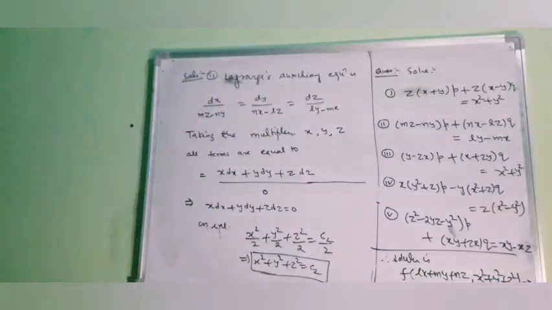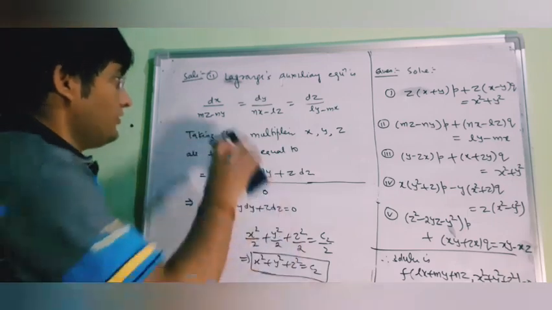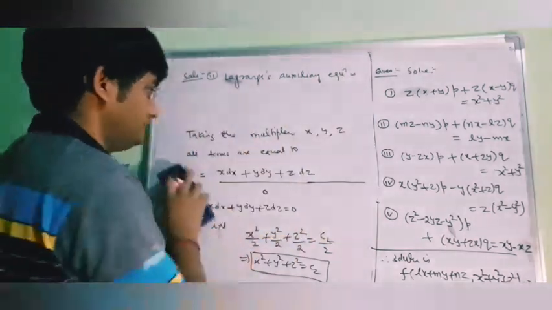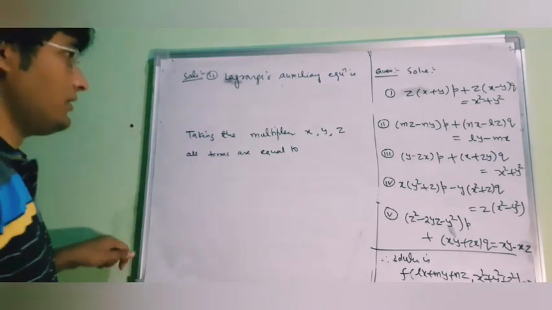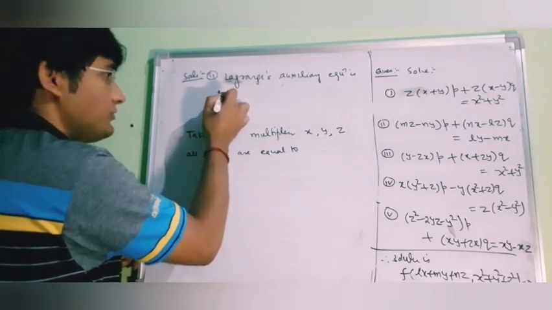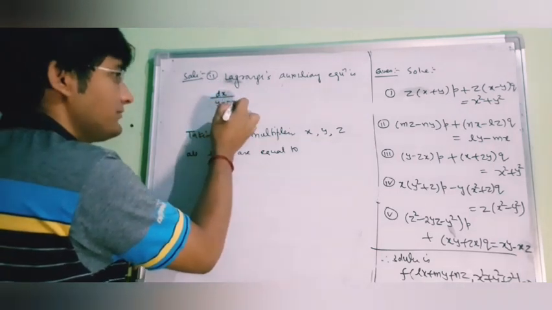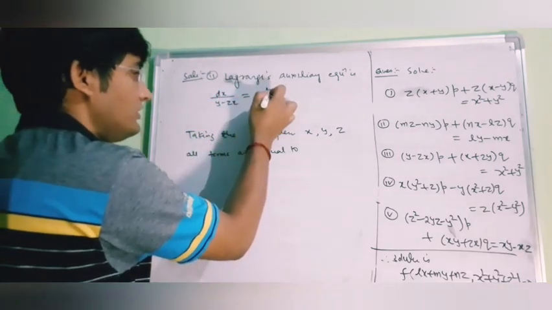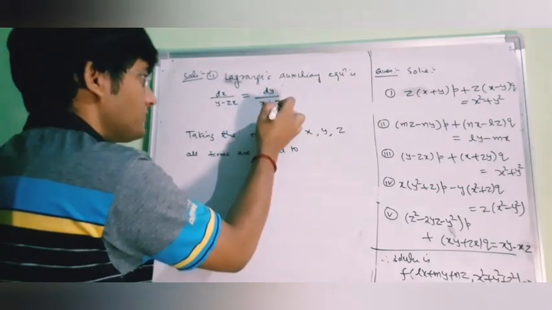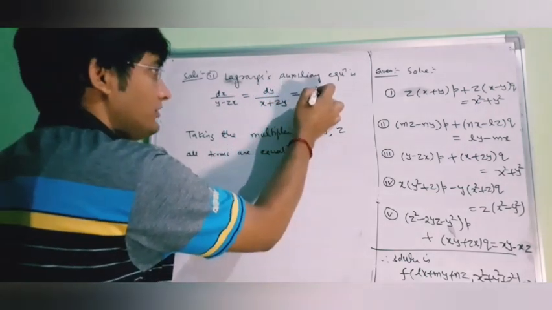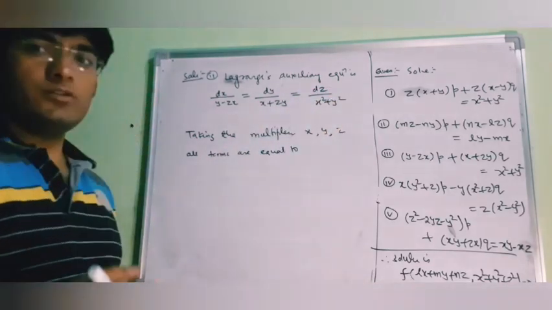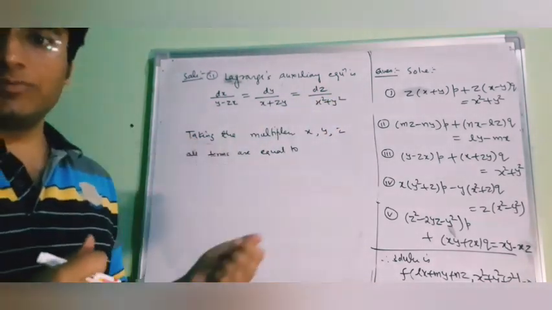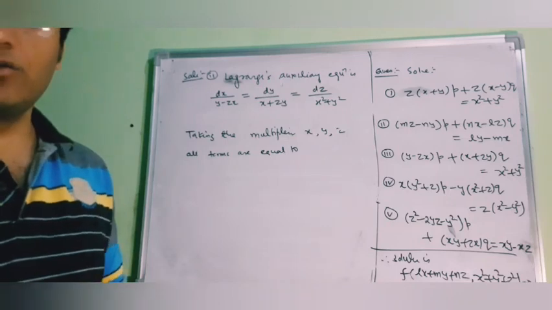Then the third part. Now for the third part, we have dx upon y minus zx, then dy upon x plus zy, then dz upon x square plus y square. So this is our third part, and for this part let us guess our multiplier.